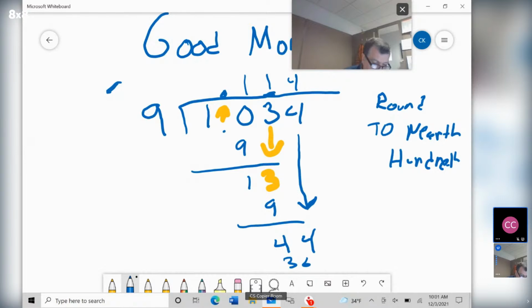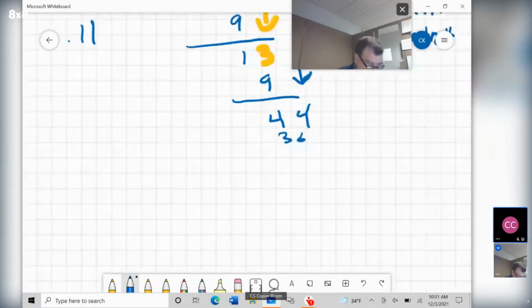And that 4 is less than 5, so we're not going to round it up. So basically, your answer would be 0.11. Okay? Because you can keep going, but this number is going to go on. So we say round to the nearest hundredth.